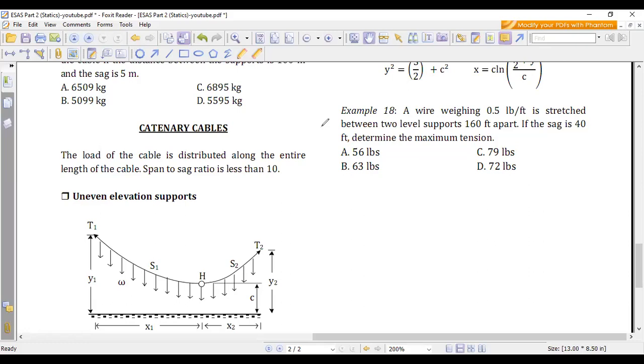So the formula for it is y square. Okay, let's go back to the calculator.